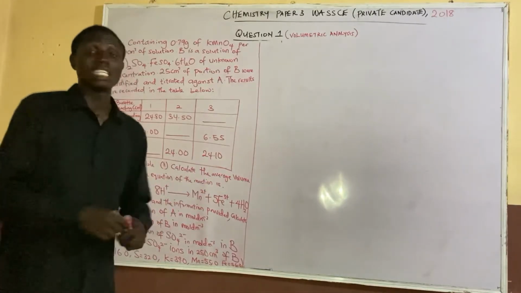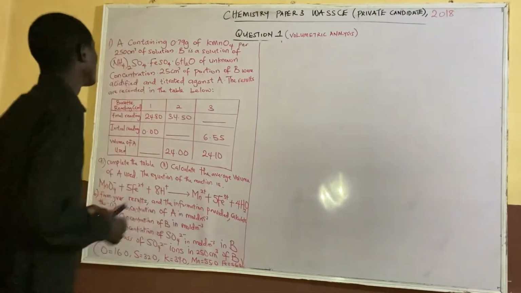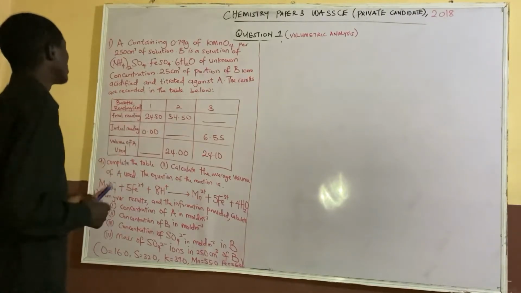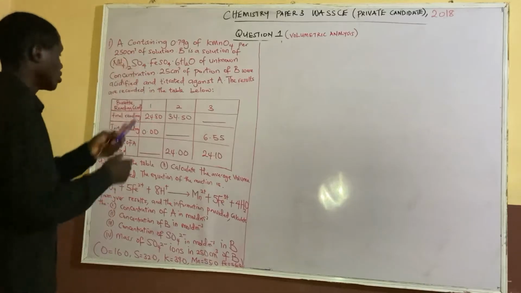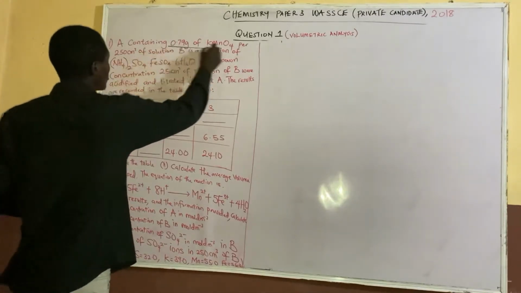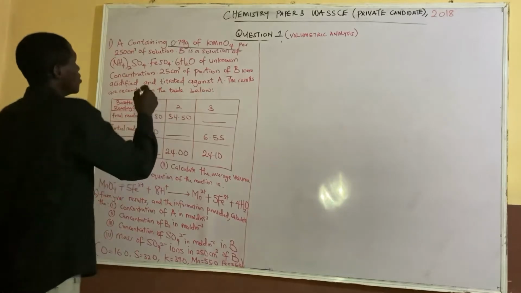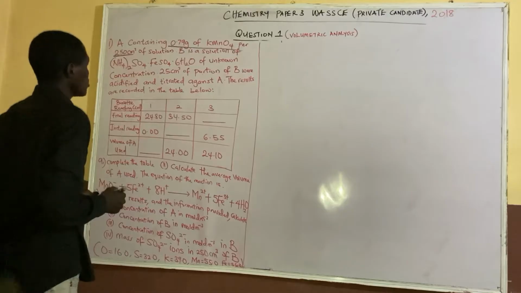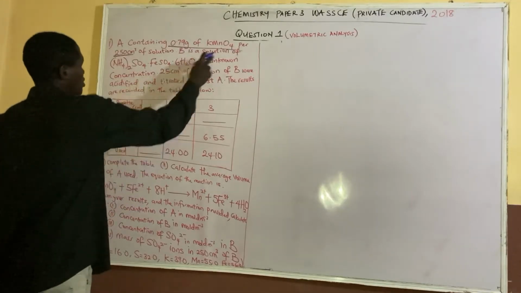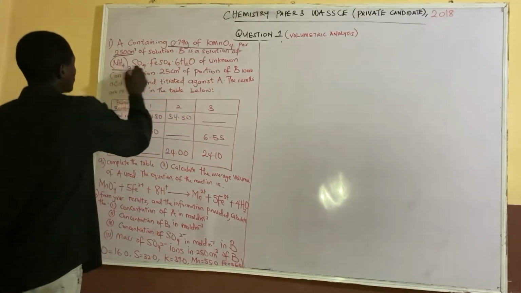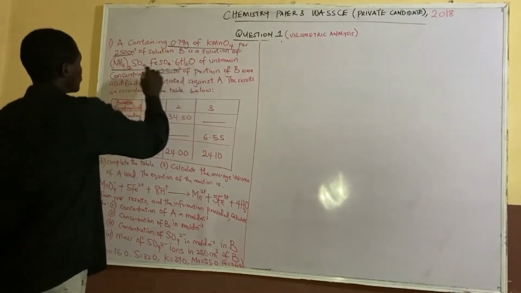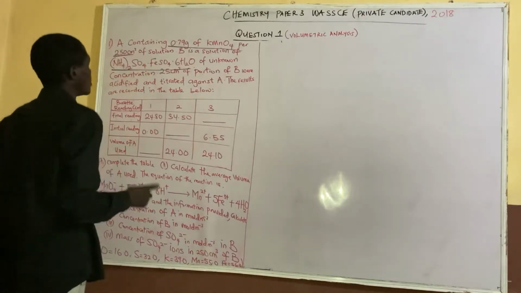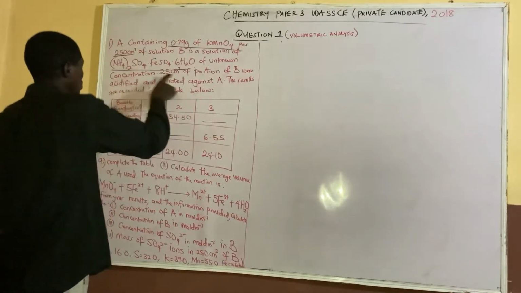But here we have a redox titration, and the question goes: A contains 0.79 gram of KMnO4 per 250 centimeter cube of solution, and B is a solution of ammonium iron(II) sulfate hexahydrate of unknown concentration.